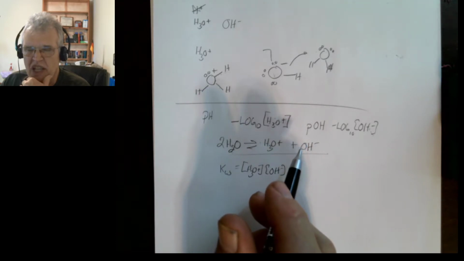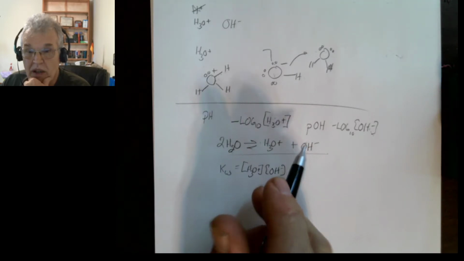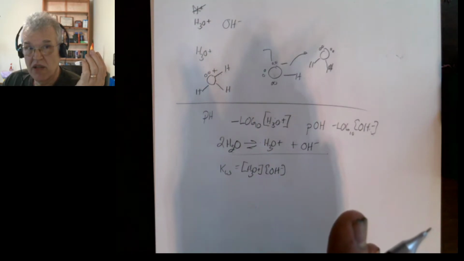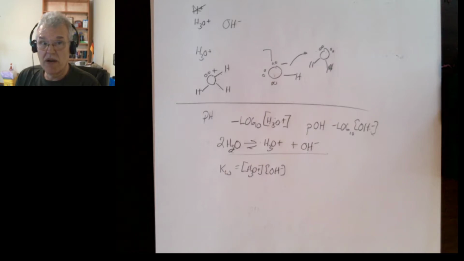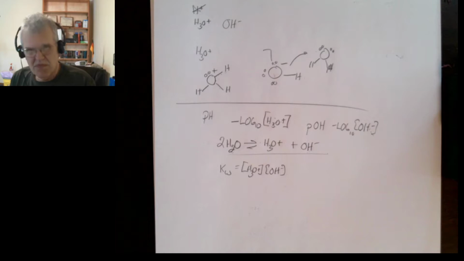The molarity of water doesn't change for the small amount of hydroniums and hydroxides being produced. The molarity of water? What does that mean? Well, sure, water has a molarity. What's molarity? Molarity is moles per liter. If I have a liter of water, it has so many moles of water in it. How many? Well, if it's 4 degrees and all this other technical stuff, a liter of water is about 1,000 grams, right? Because the density of water is about 1 gram per milliliter.